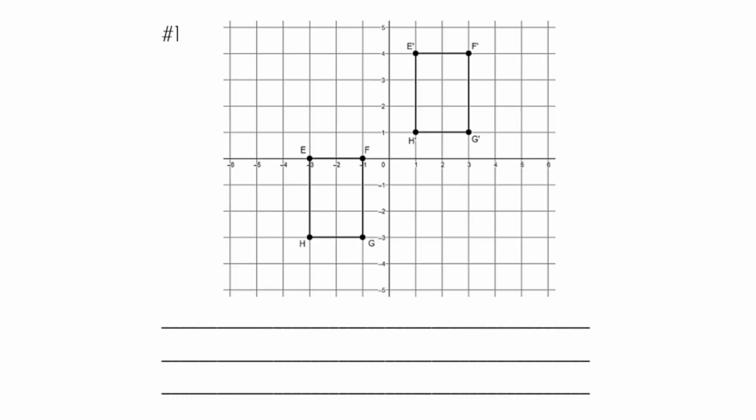For number 1, not only do we have to be able to create the new graph, but we also have to be able to tell what happened. So going from the original point E to the point E prime, we want to count. We can see that we've gone to the right 1, 2, 3, 4 values. Okay, so we're going to label that first.